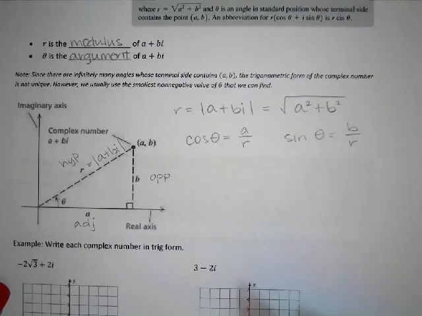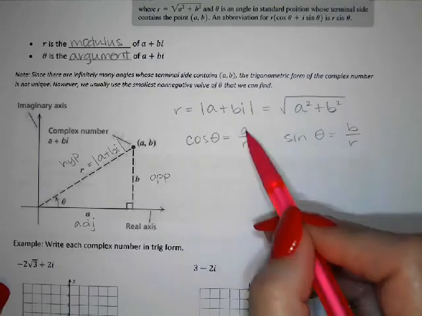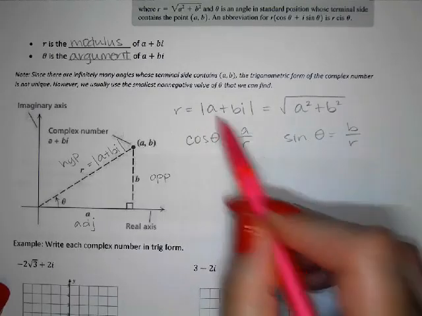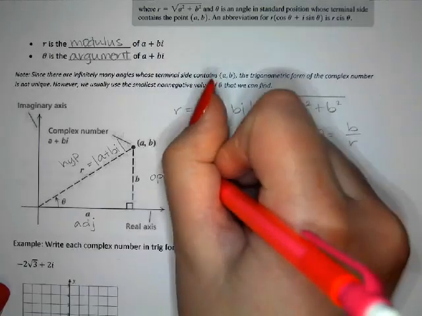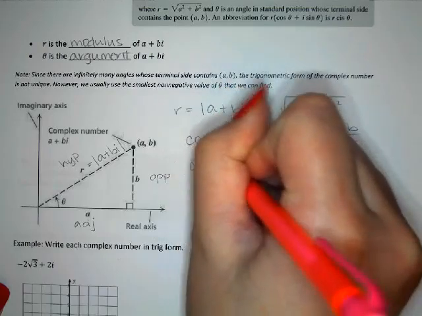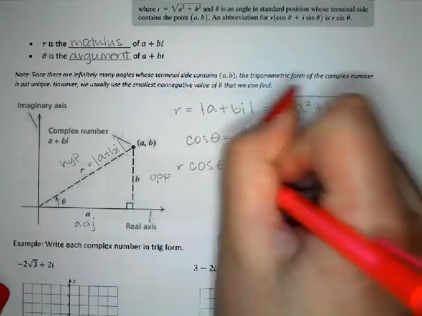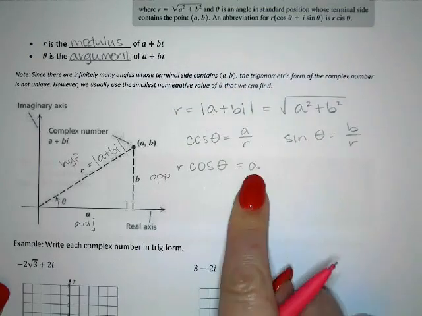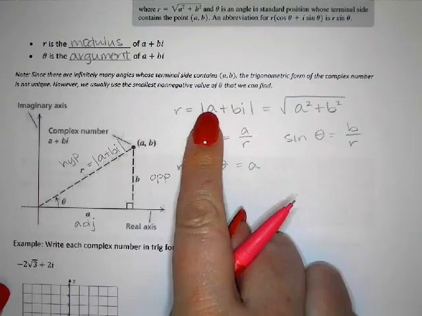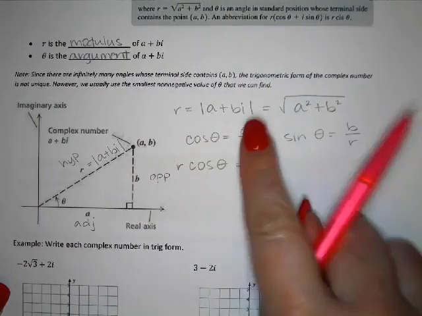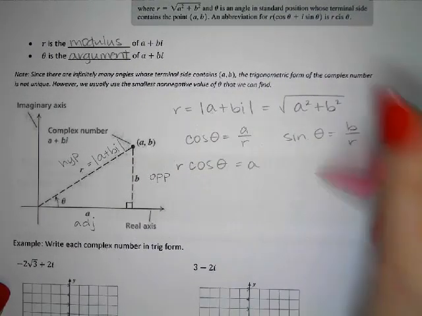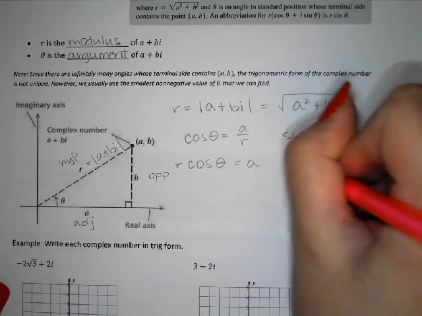And so if I wanted to find the real part of the complex number, I would say that cos theta multiplied by r is the real part of this complex number.